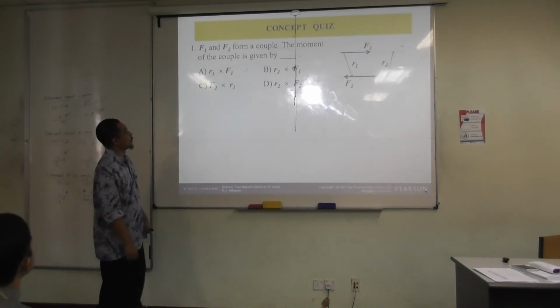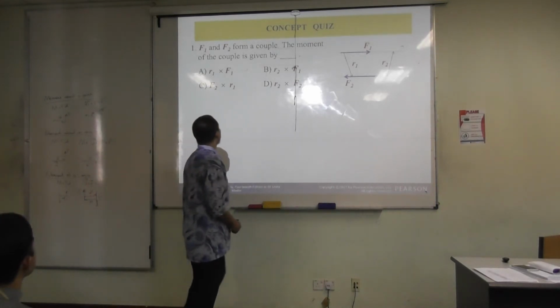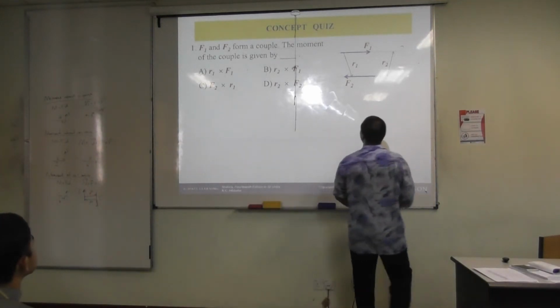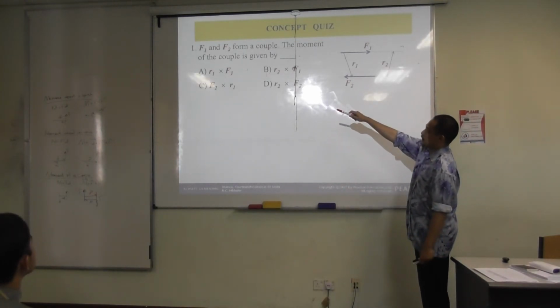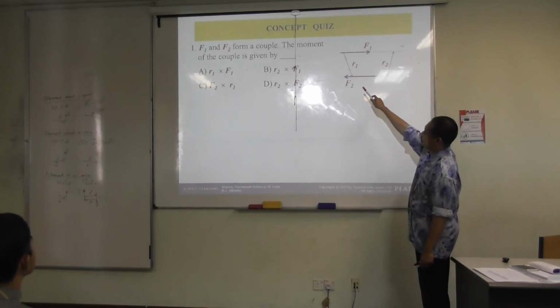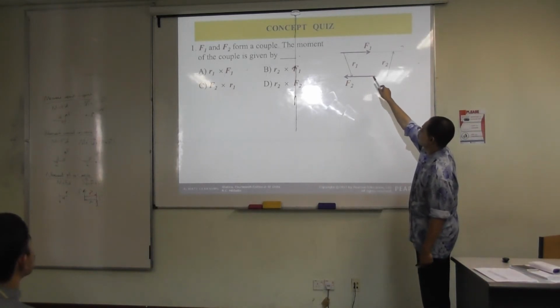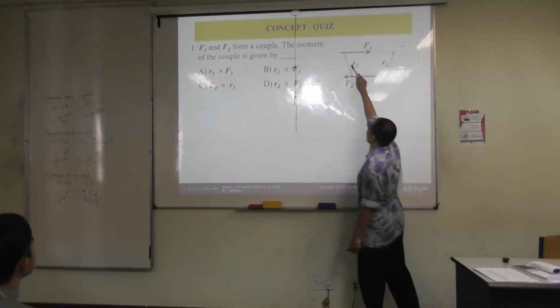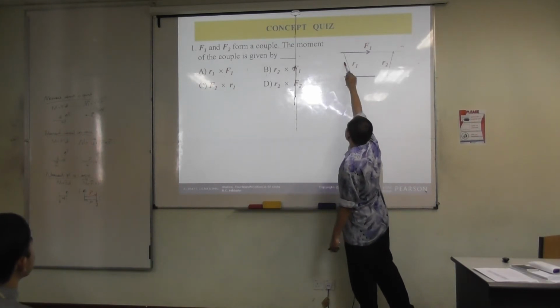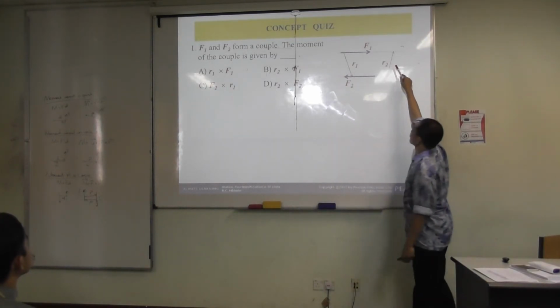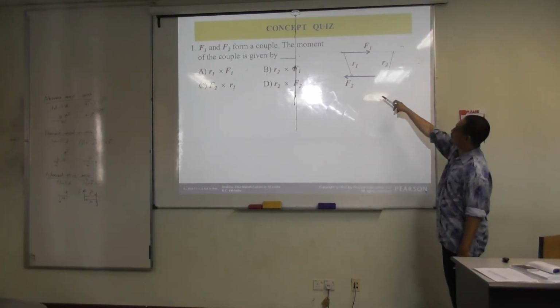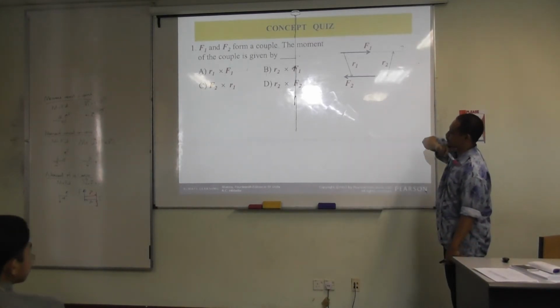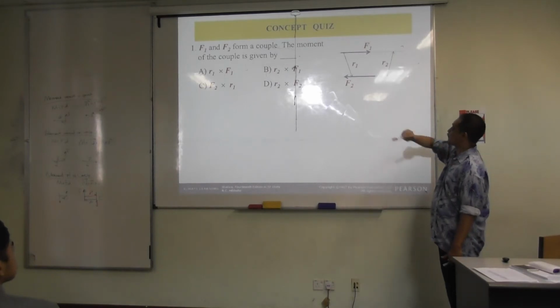So the answer will be B, is it? R1 F1 was the problem. If you use R1, it should be F2, right? And if you use R2, you use F1, right? Now, this actually tests a little bit on the understanding of how you can visualize.